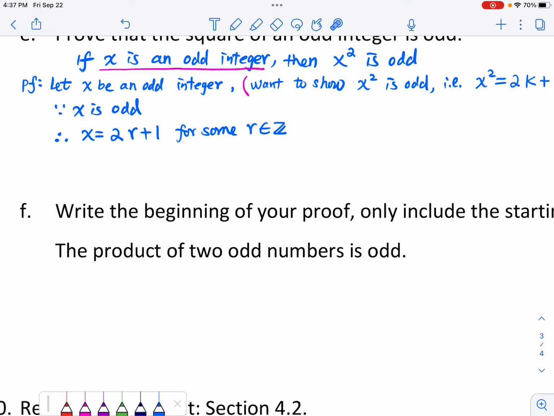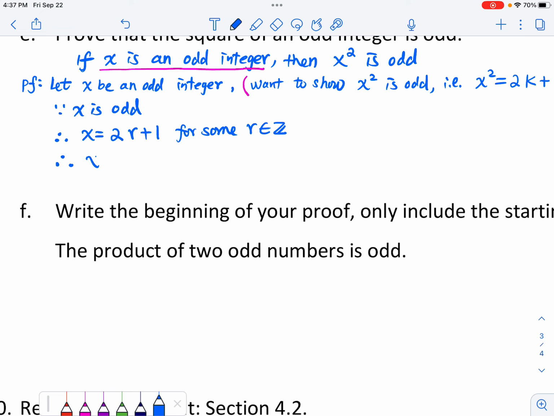So now keep in mind what you're trying to find. You're trying to show that x squared is odd, so you want to somehow involve x squared.